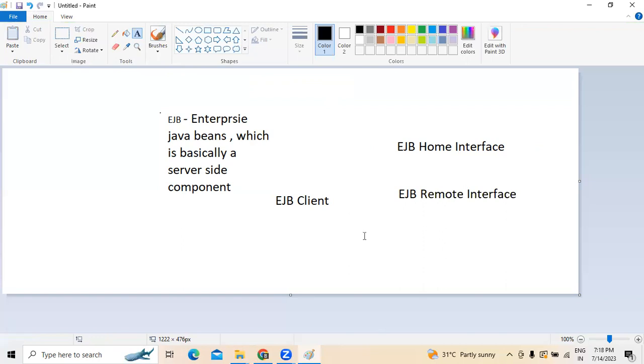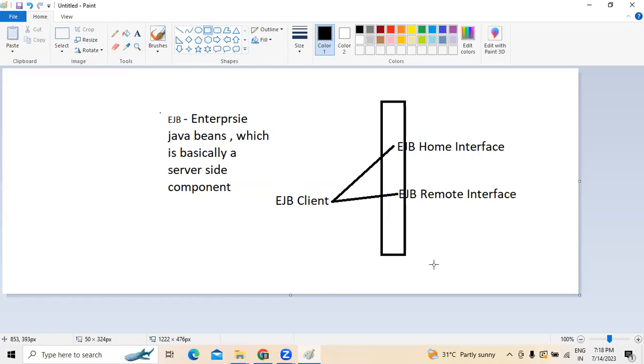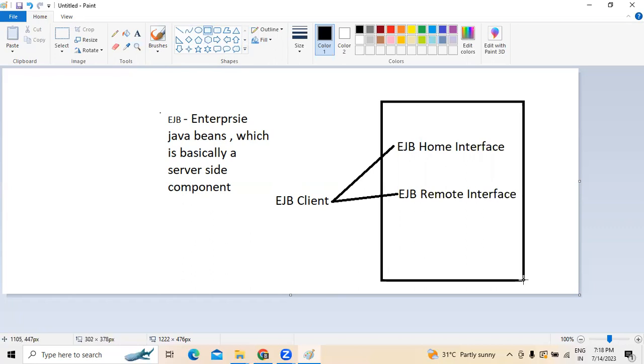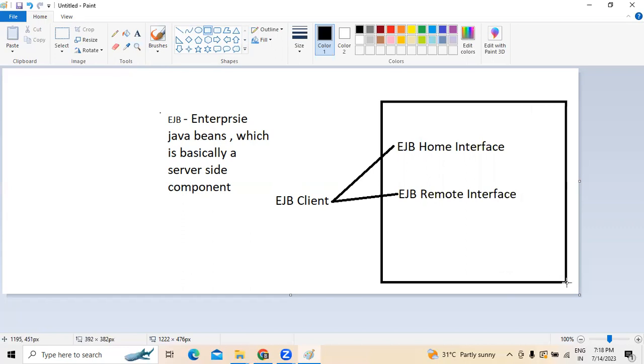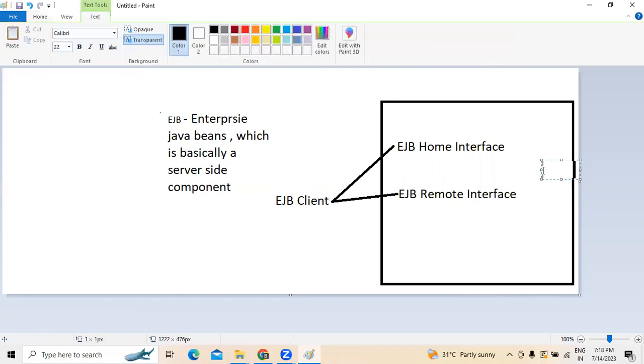Now, when we talk about the EJB client, as I told you, it will be connecting to the EJB home interface. At the same time, it will be equally connecting with the EJB remote interface as well. But we have to make sure about the home interfaces and the remote interfaces we are going to create, and understand them in such a way that this will finally be connecting with the EJB.